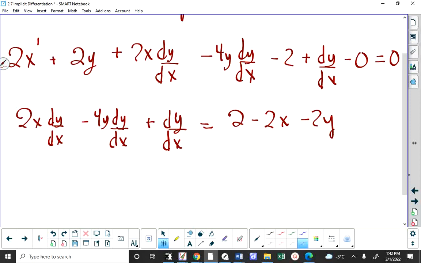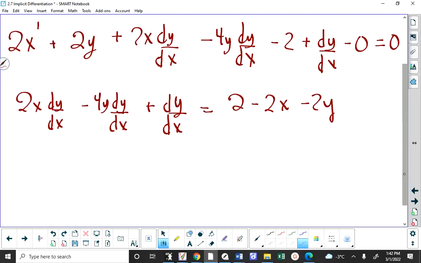I think if I moved stuff to the opposite sides, I'd still have 3 negatives, because the 1 negative dy/dx would turn into 2 negative, and the 2 negative non-dy/dx's would turn into 1 negative. Anyway, the only way for you to get that dy/dx is to extract it by factoring.